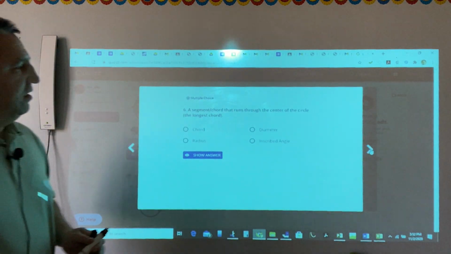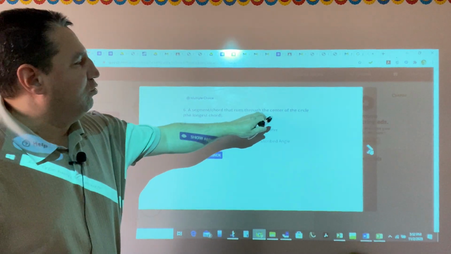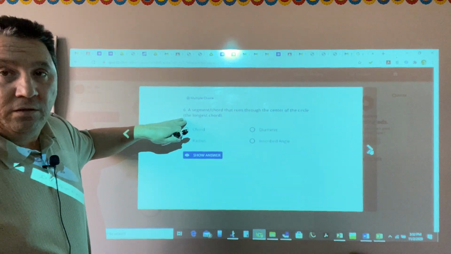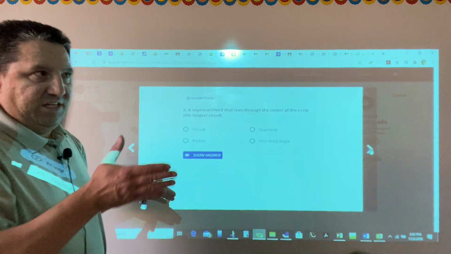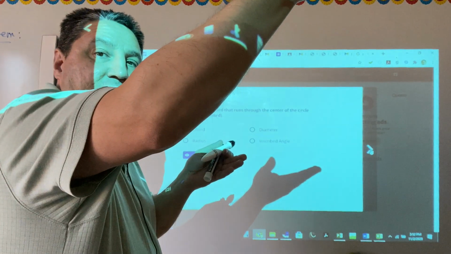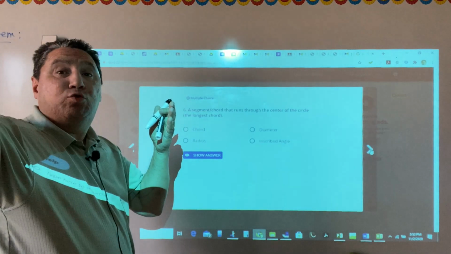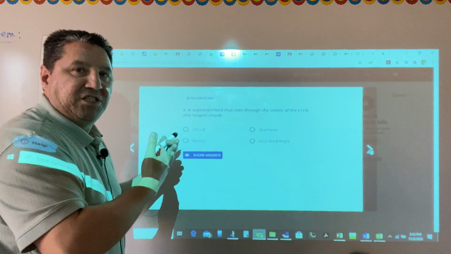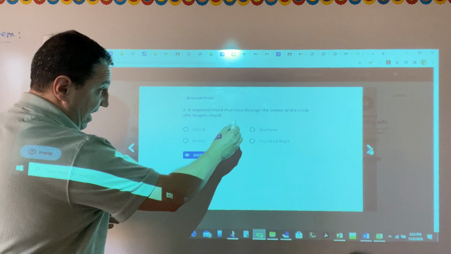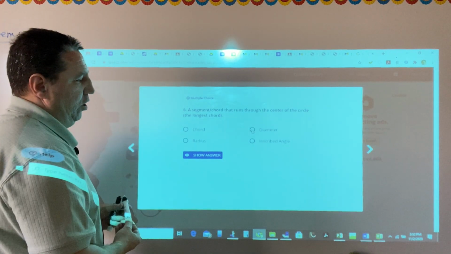A segment or chord that runs through the center of the circle, the longest chord, right? So, it is a chord that passes through the center of the circle and is the longest one. Remember, such a chord is called a diameter, right? It is a diameter. Good.